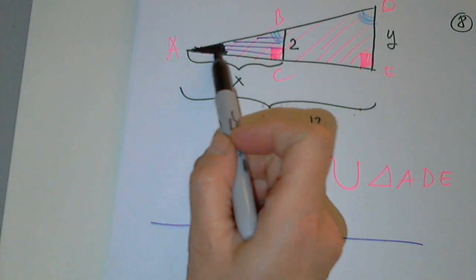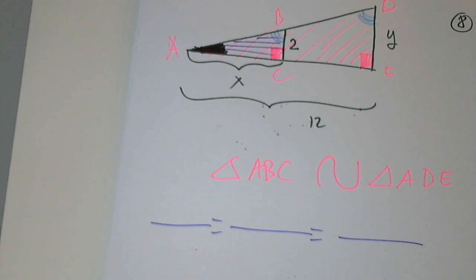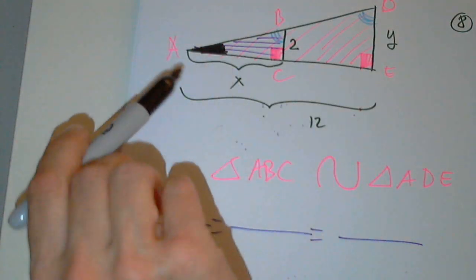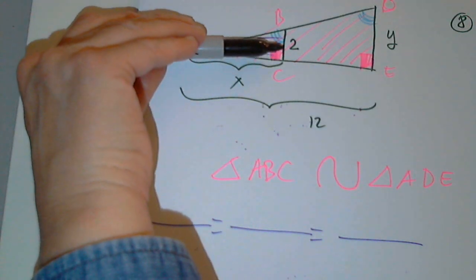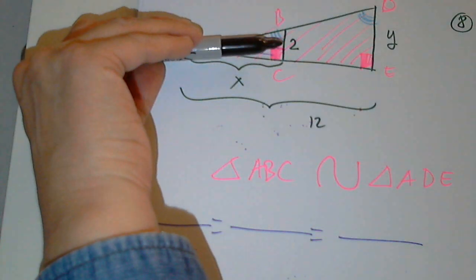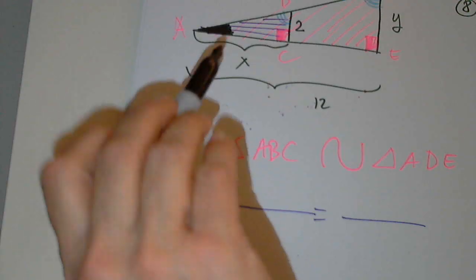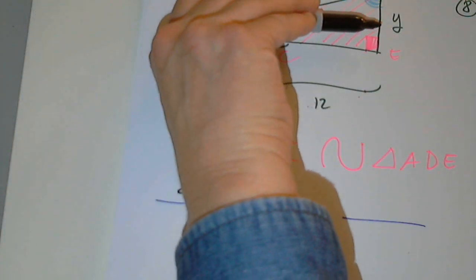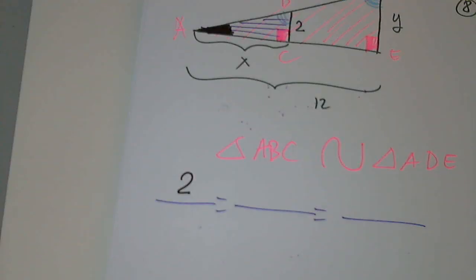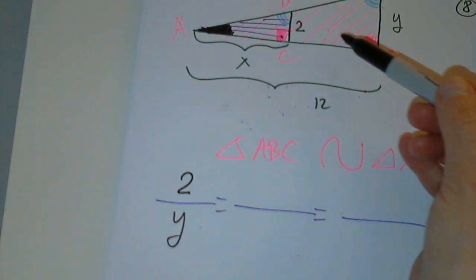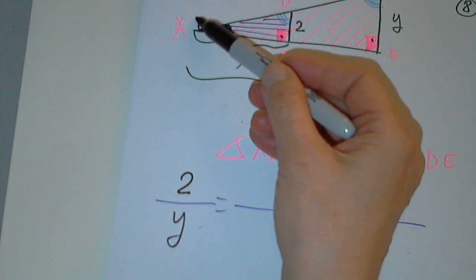I start with a common angle. You can start at any point you want, but I'm going to start with A. What is the opposite side of A in the small triangle? 2. What is the opposite side of the same angle in the big triangle? Excellent. There is nothing I can do with this because I don't have this and I don't have that.